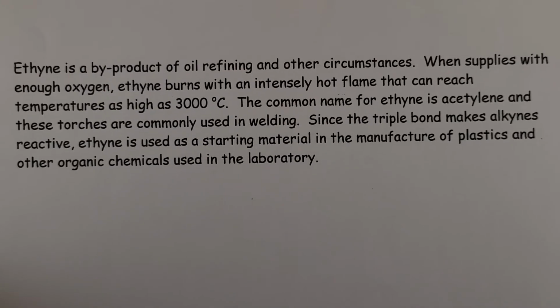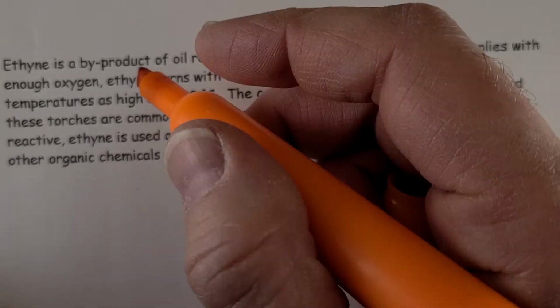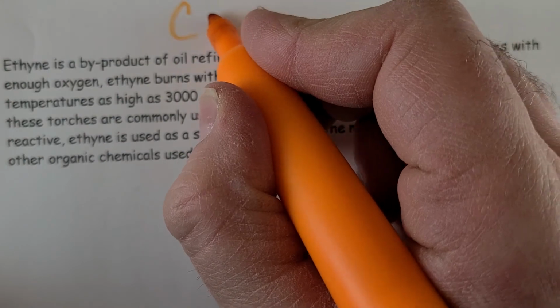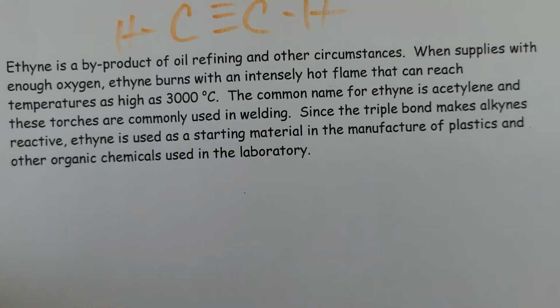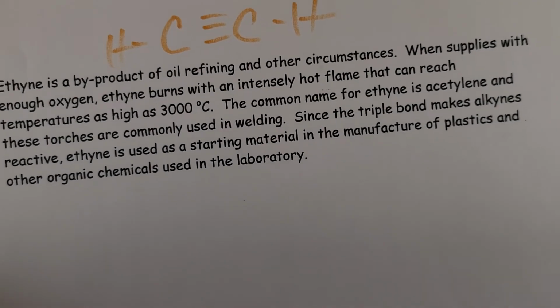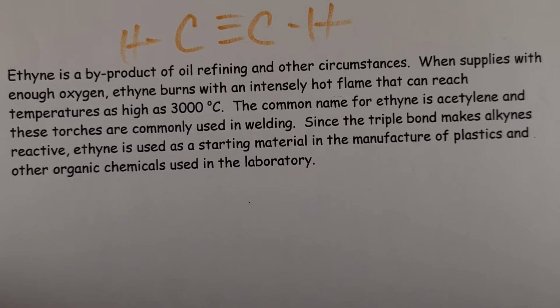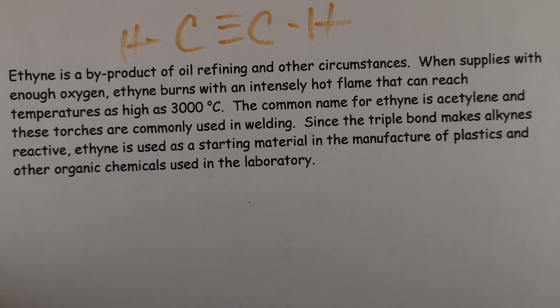And more information on the next page. Ethyne, so 2 carbons, like that, is a byproduct of oil refining and other circumstances.